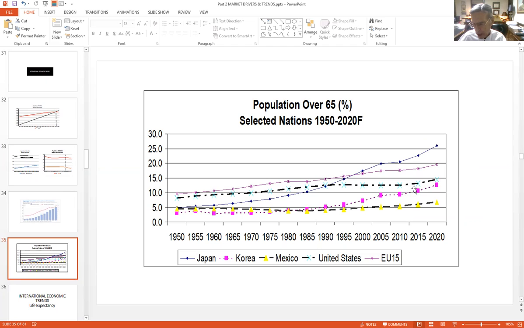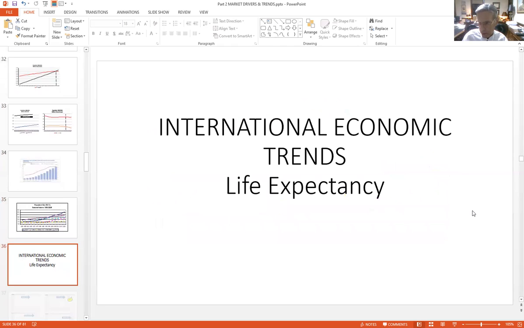And the pink squares that are rising so rapidly represent the senior citizens of Korea. The very last line is Mexico, and the reason for that country's senior citizens group to be such a small proportion is a high rate of mortality and a low life expectancy.